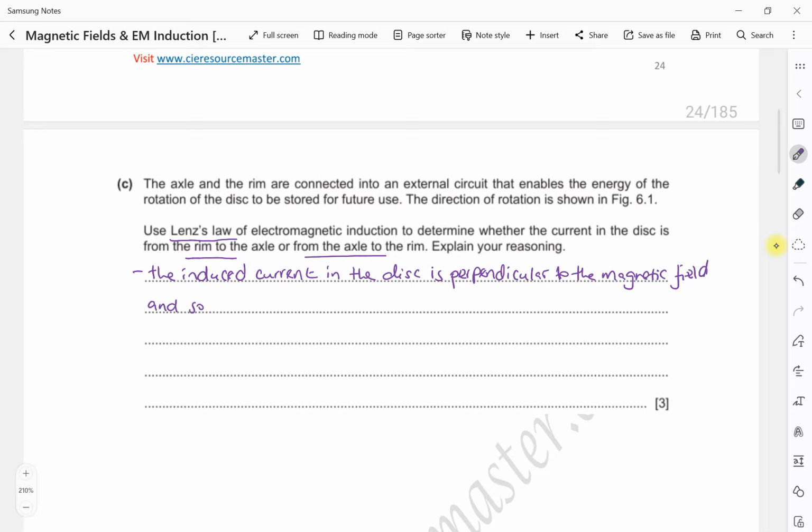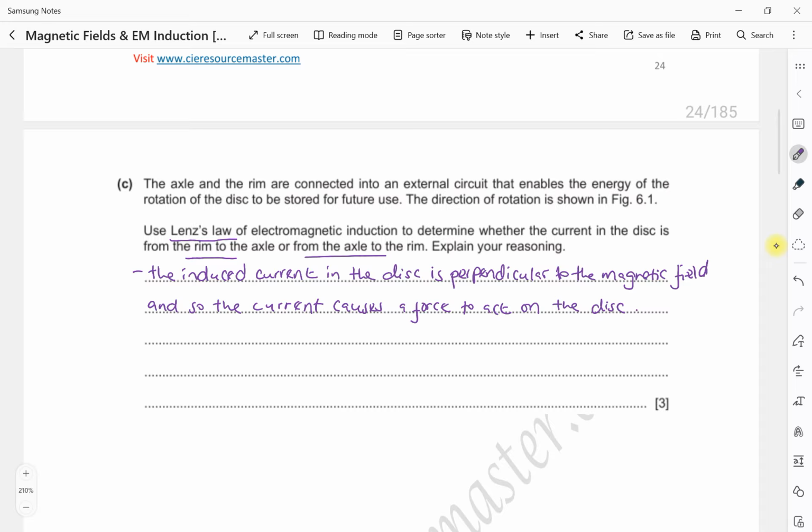And so if the induced current is perpendicular to the magnetic field, it means that the current causes a force to act on the disk.